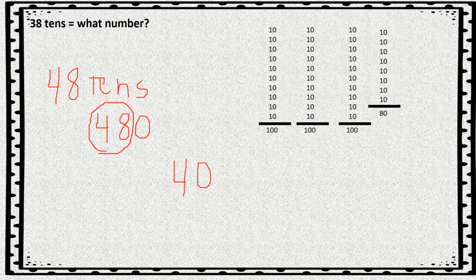That will be 400. I need to make sure that you practice that and you understand. Come back to this screen several times if you don't understand how to make these tens equal 380, okay?